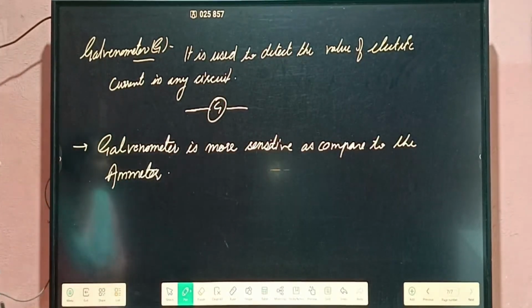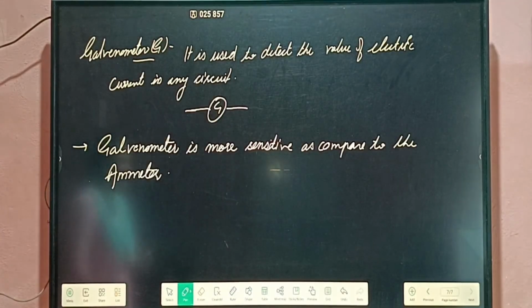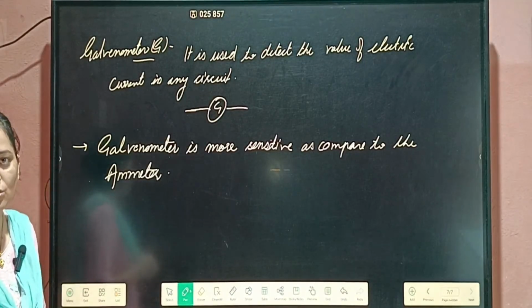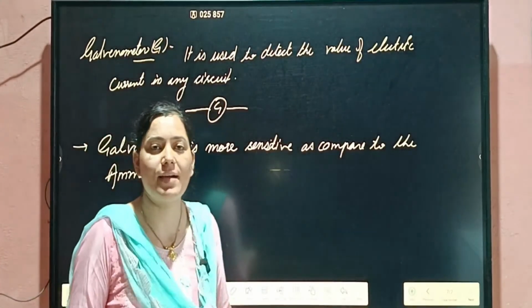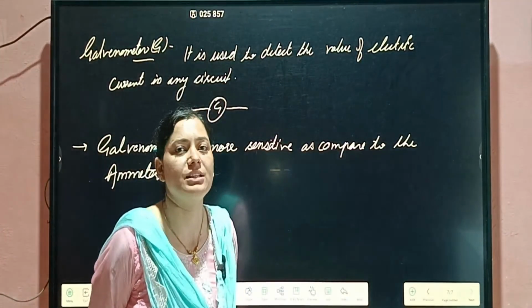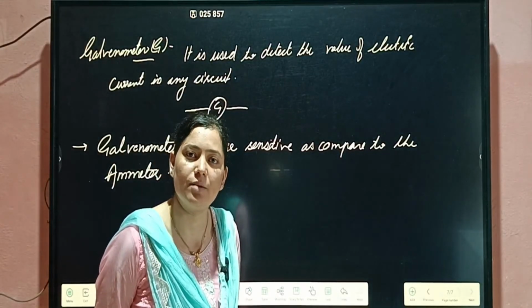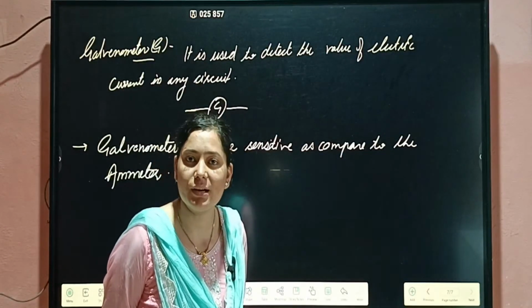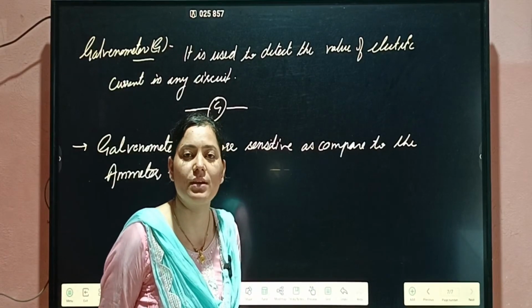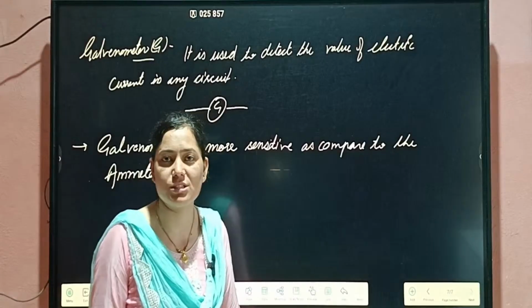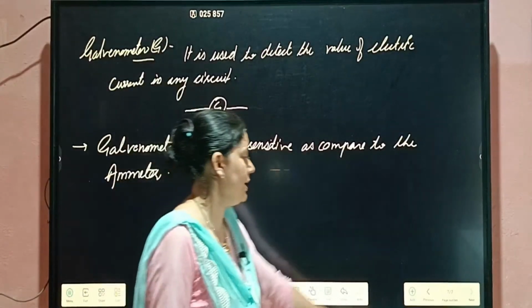Because when we connect the galvanometer in any circuit and a very small amount of current is there, we can easily detect it with the help of the galvanometer, but the ammeter will not give a reading of this small amount of electric current. So the galvanometer is more sensitive as compared to the ammeter.